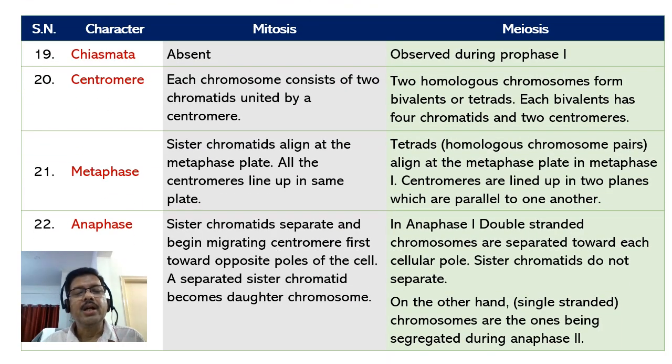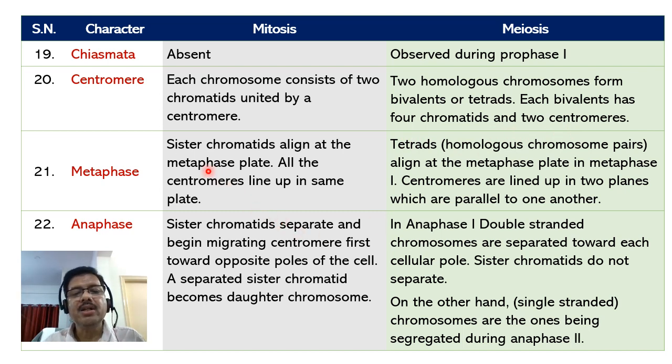Then the chiasma, absent in mitosis, is observed during prophase 1 of meiosis. The centromere: each chromosome consists of 2 chromatids united by a centromere. In meiosis, 2 homologous chromosomes form bivalents or tetrads. Each bivalent has 4 chromatids and 2 centromeres.